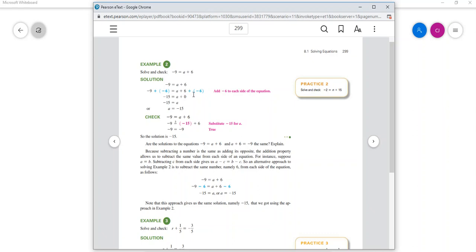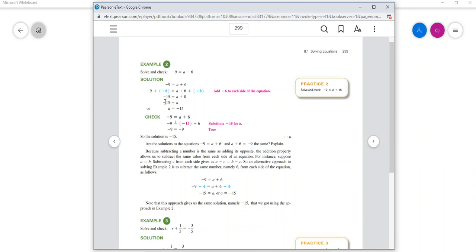That's what they're showing over here. This negative 9 was there already. Since we added negative 6 over here, we're going to add negative 6 over on this side of the equal sign. When I add these two negatives together, I get negative 15. And then a plus 0 is a.